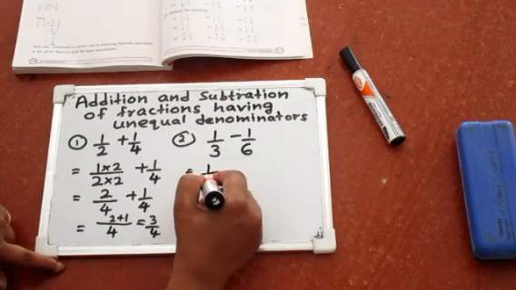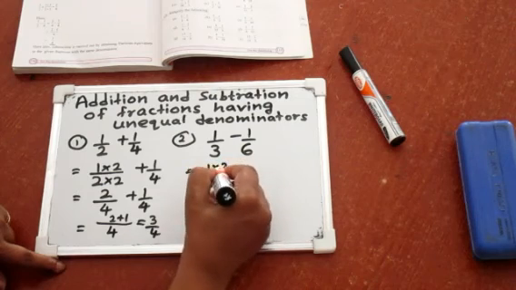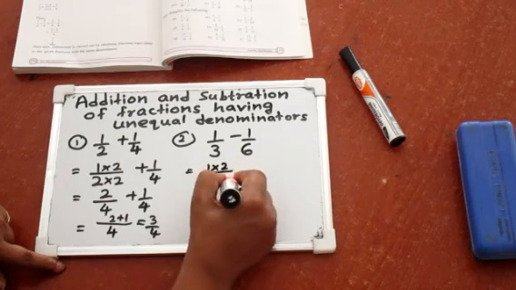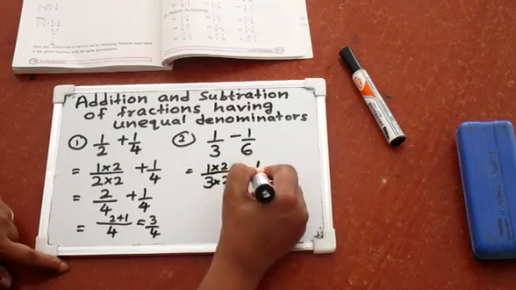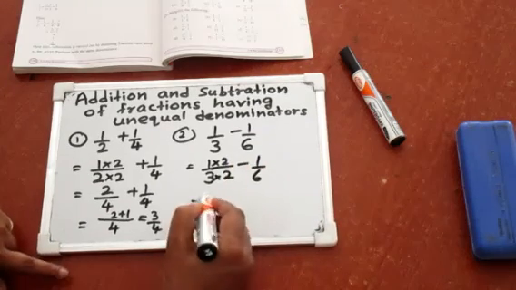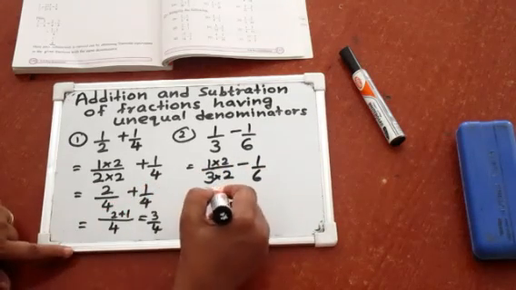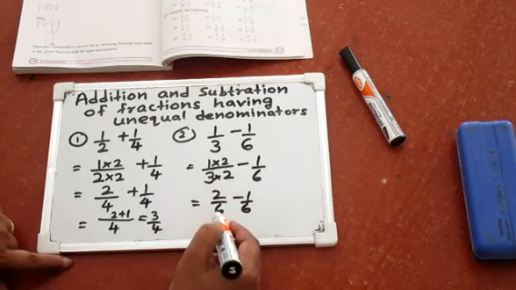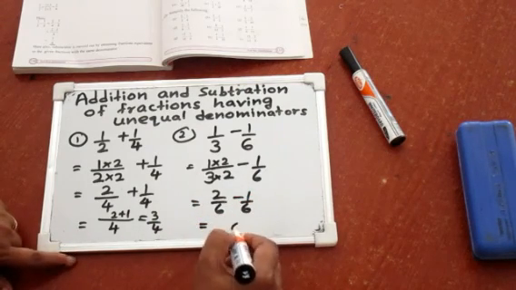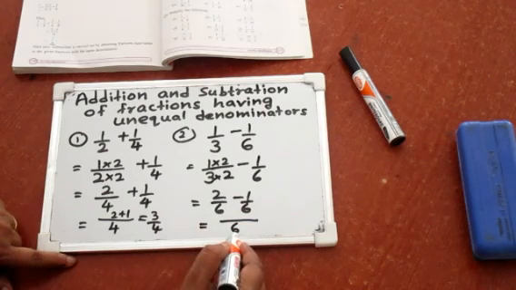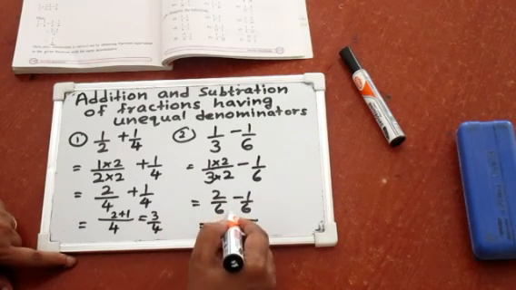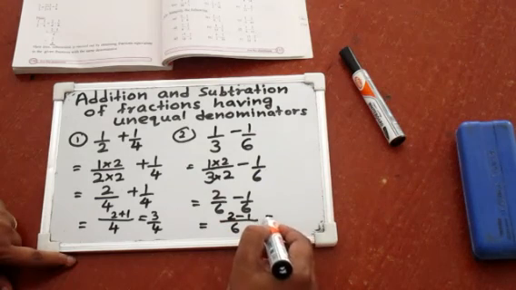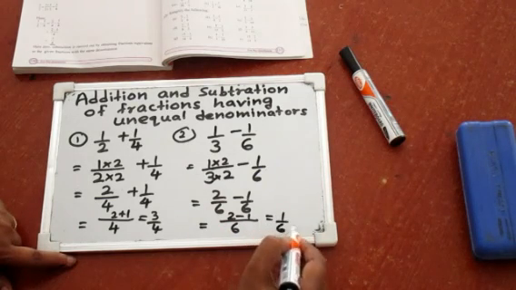Then we can write this calculation here. Then what is the fraction here? 2 over 6 and 1 over 6. Make equivalent fractions. Then we have the same denominator right here. Do the subtraction of numerators. Then the answer is 1 over 6.